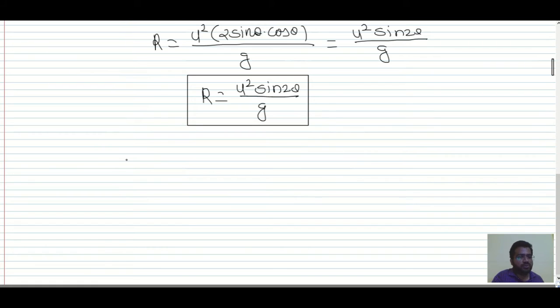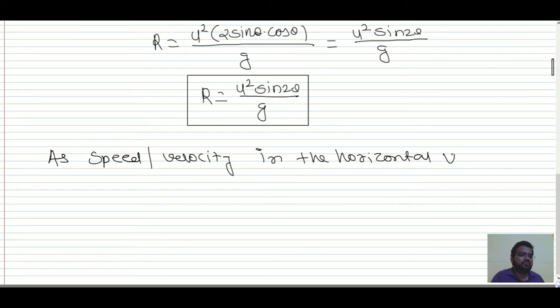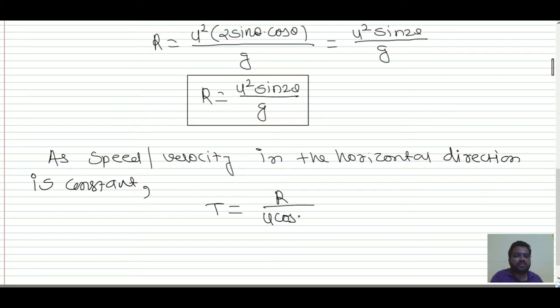Right. So here, as the speed or velocity in the horizontal direction is constant, we can write time of flight as the distance divided by speed u cos theta, isn't it?